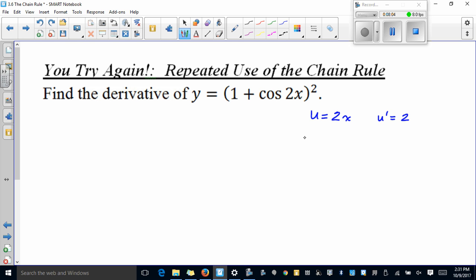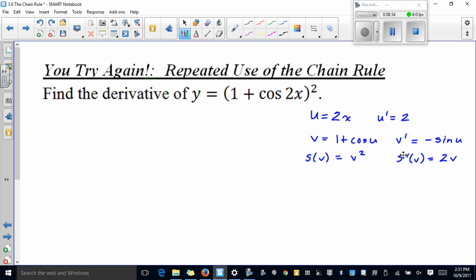V is everything in the parentheses, so 1 plus cosine of u. So v prime is negative sine of u. And then s of v is just going to be v squared. So s prime at v is 2v.